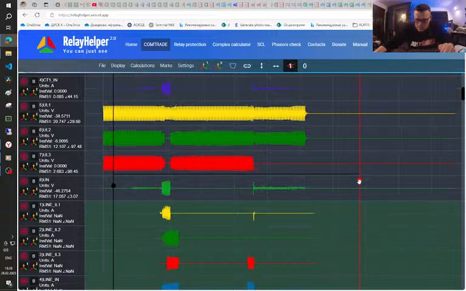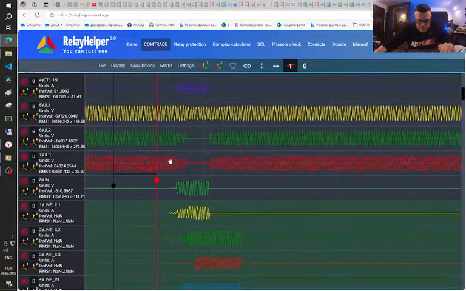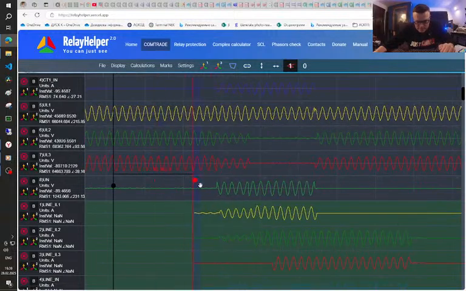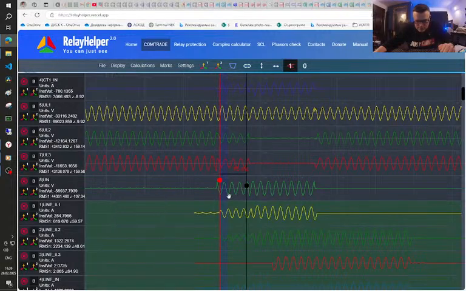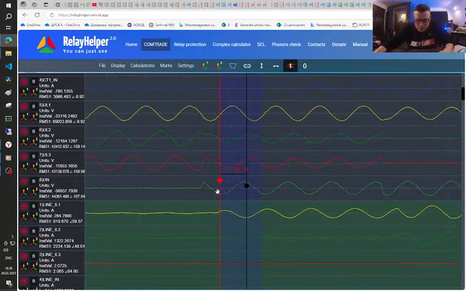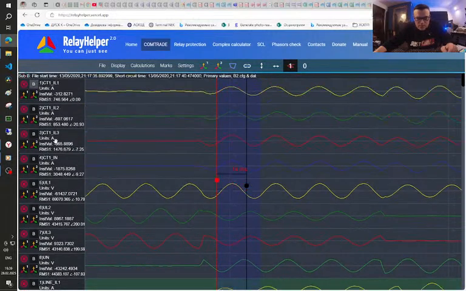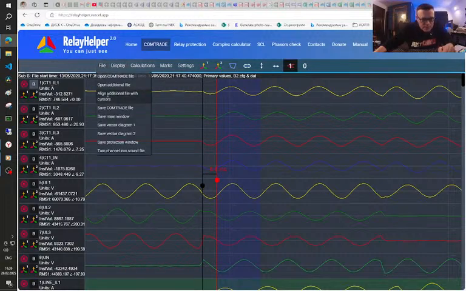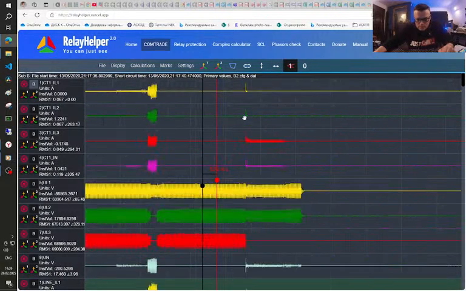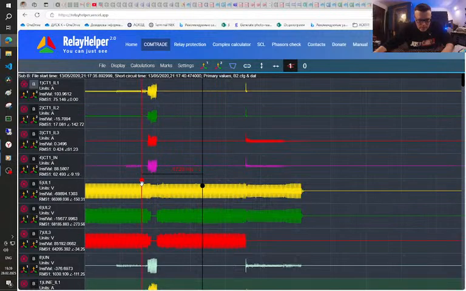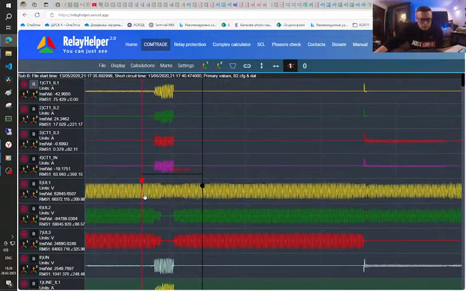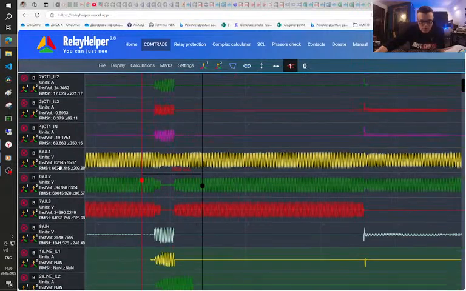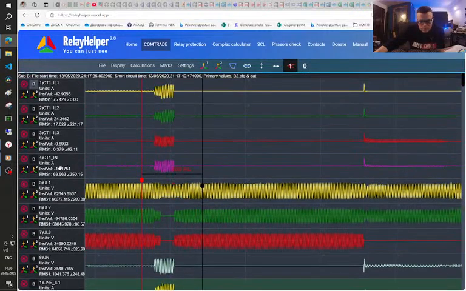Okay, it seems like that didn't match, but I check one more time. I put cursors on the beginning of the event, so okay, we have a little 16-second difference, and one more time I synchronize.